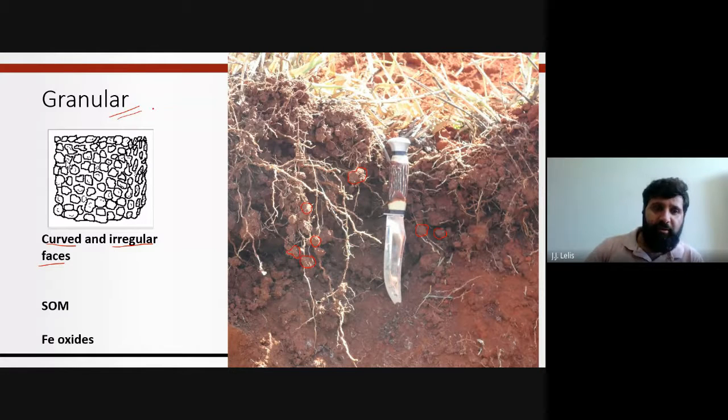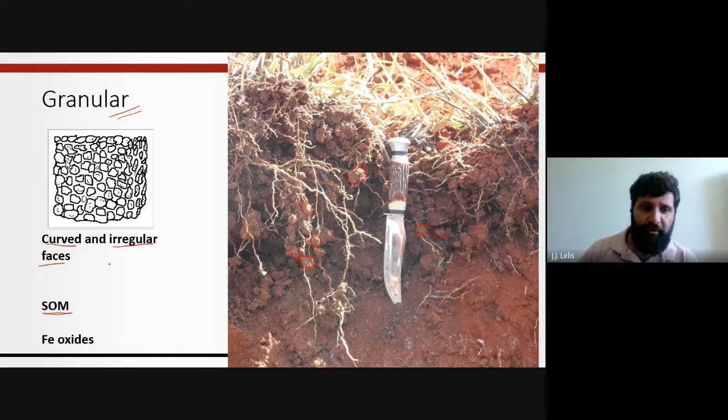The granular structure is very common in soils and horizons that have a lot of organic matter. So the surface horizons generally present a granular structure, at least those that have a lot of organic matter.